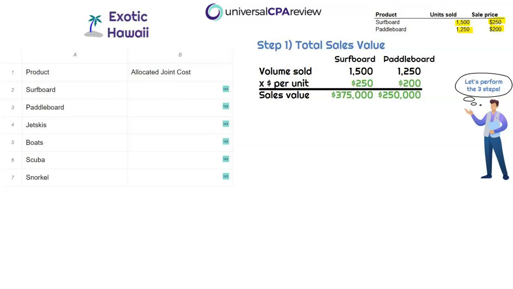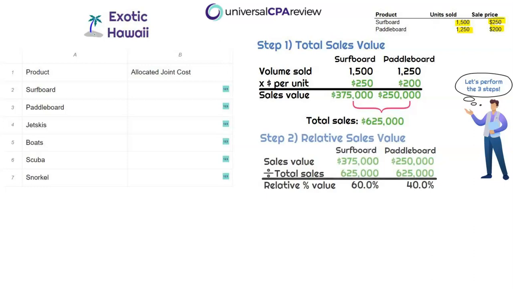That equals $375,000. Same calculation for paddleboard. We take the 1,250 units, multiply by 200, and that gets us $250,000 worth of sales. So when we add together the 375 and the 250, that gets us the total sales of $625,000.